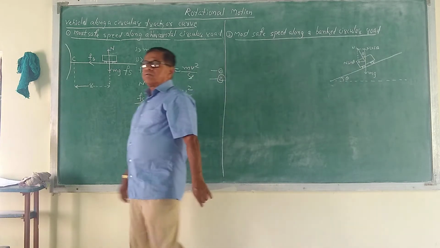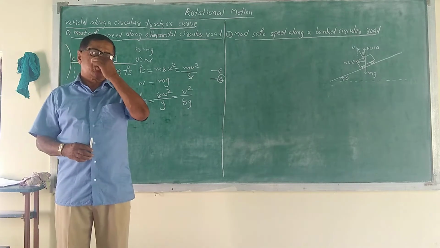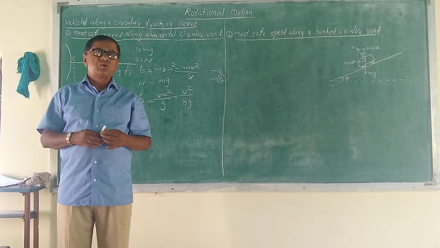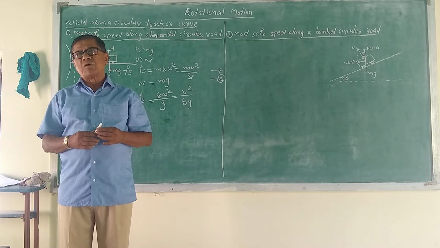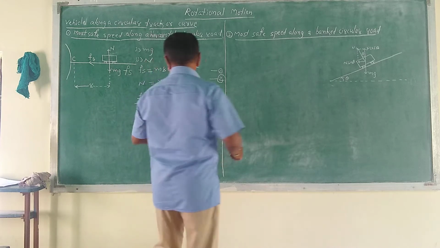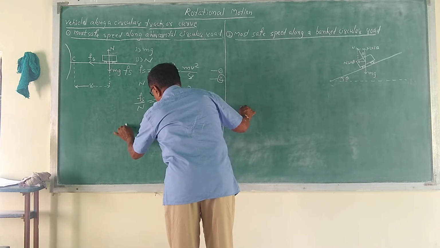In 11th science, we have seen about the coefficient of static friction, mu s. It is the ratio of the limiting force of static friction to the normal reaction. Therefore, this Fs upon N is taken as mu s.